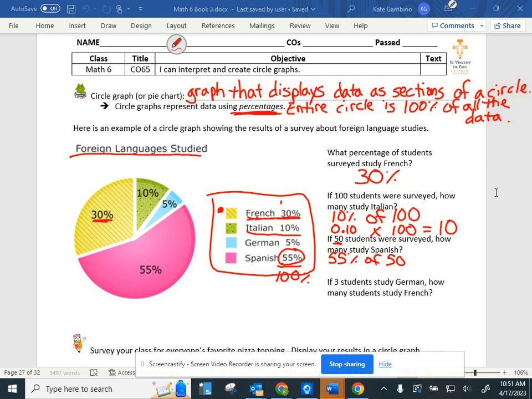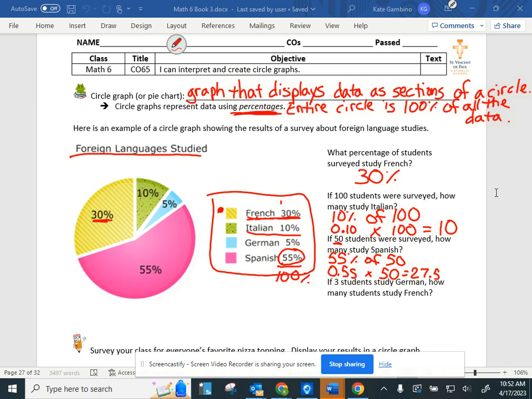So 55% of 50 would be 0.55 times 50, which is 27.5. Can we have half a person? No. So rounding, we would round up to 28.